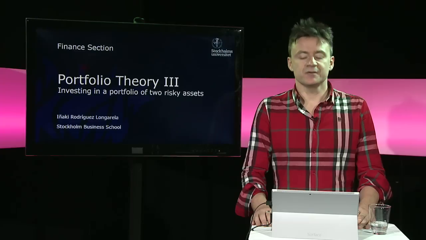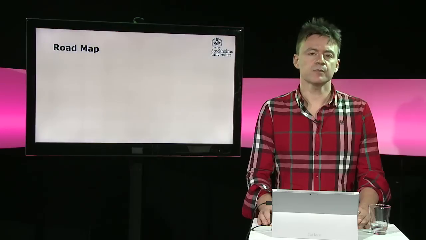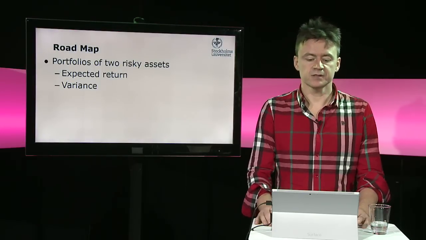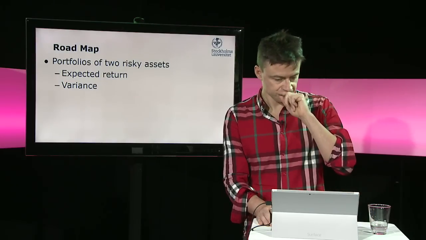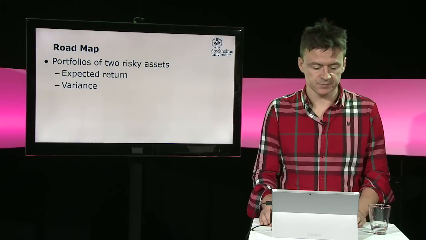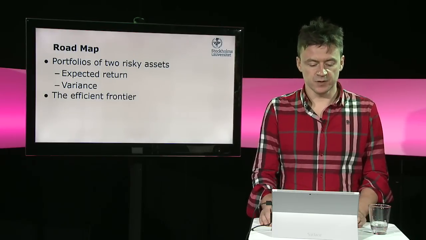Now we're going to talk about investing in a portfolio of two risky assets. And our roadmap will be the following. We'll be first looking again at the portfolios of two risky assets. We'll be looking again at their expected return and their variance. Then we will go ahead and derive what is known as the efficient frontier.